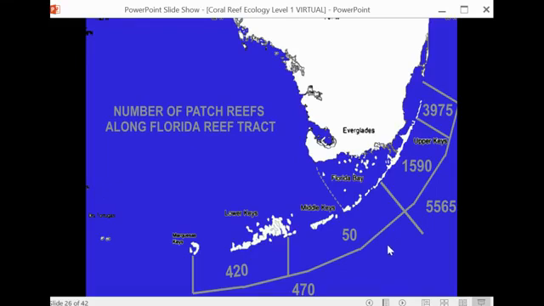Corals need stable environmental conditions. Florida Bay is not a stable body of water. It's not supposed to be. It's an estuary, fresh water is constantly flowing into Florida Bay. It often brings nutrients with it. Key Largo, this big island, is blocking a lot of that flow of water from Florida Bay from getting out to the ocean, as opposed to the middle keys, where the islands are much smaller.